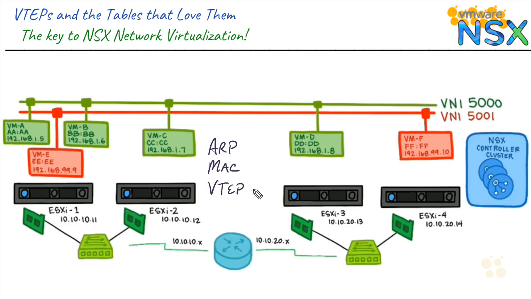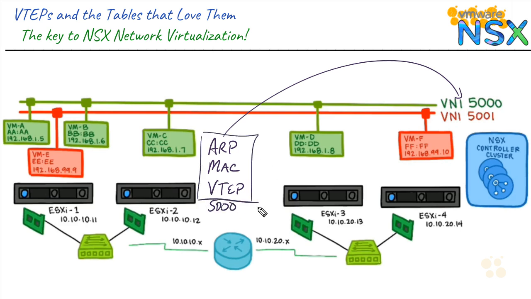Each one of these tables is created per VNI. Therefore, in this scenario, we would expect ESXi 2, 3, and 4 to have one set of ARP, MAC, and VTEP tables, but ESXi 1, since it is supporting hosts on two different VNIs, would have one of those tables for VNI 5000 and another set of these tables to support VNI 5001.